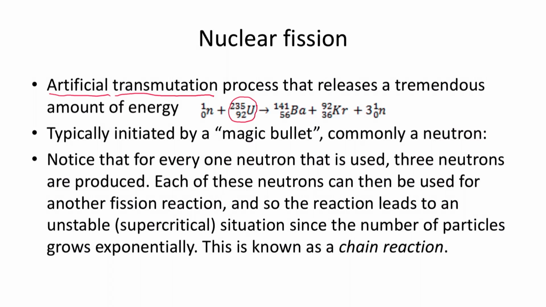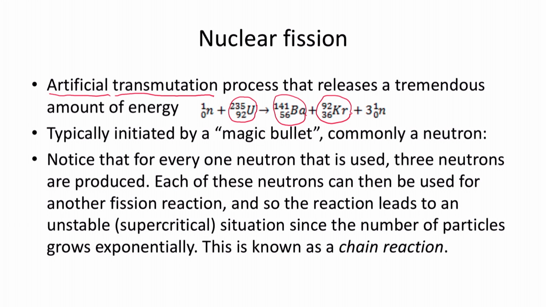Okay, it does magical things. When the neutron hits it, it basically causes this very large uranium nucleus to shatter and break apart into several different pieces. In this case, it's going to break apart into two other nuclei, a barium nucleus and a krypton nucleus. And in this particular example, the barium isotope is barium-141. The krypton isotope is krypton-92.